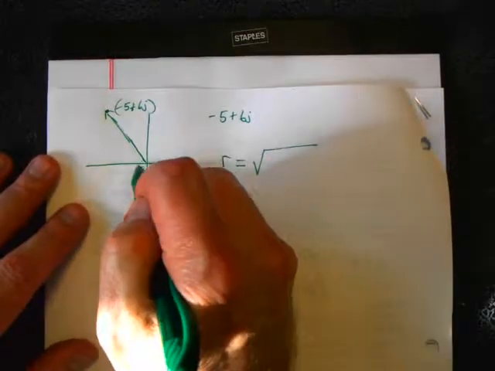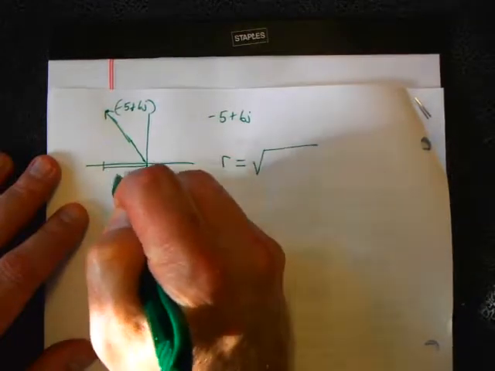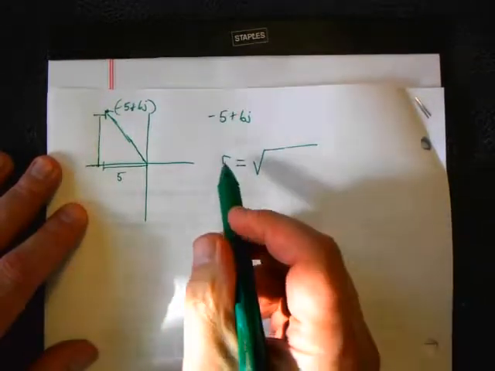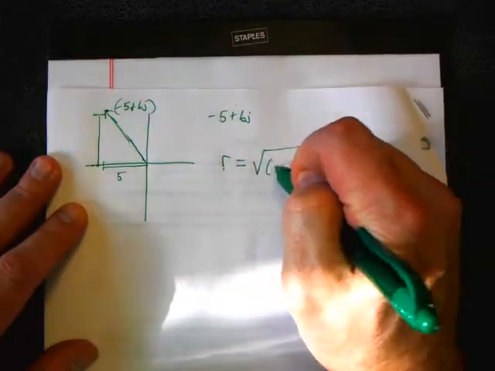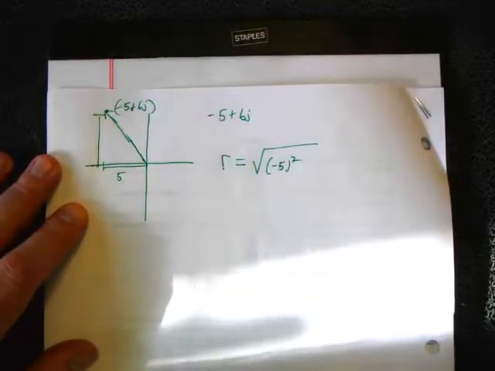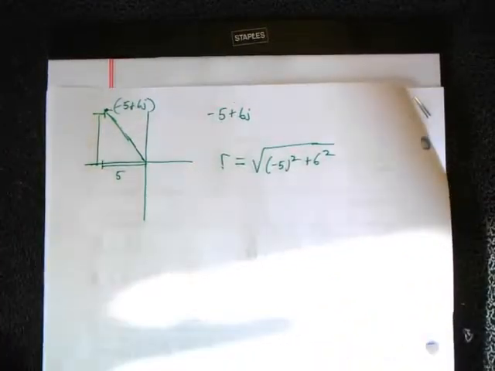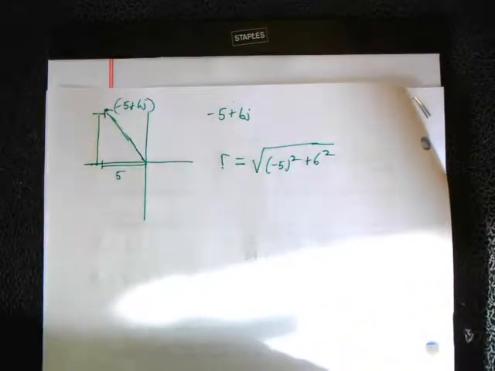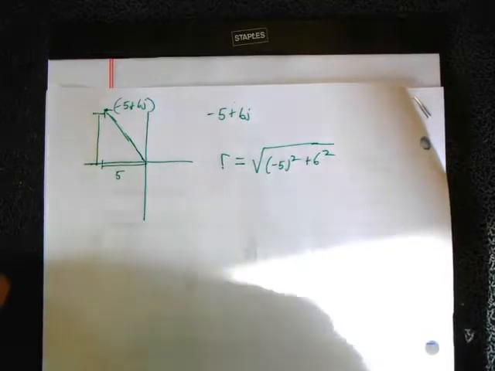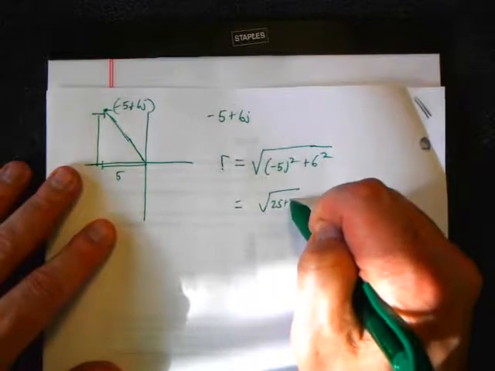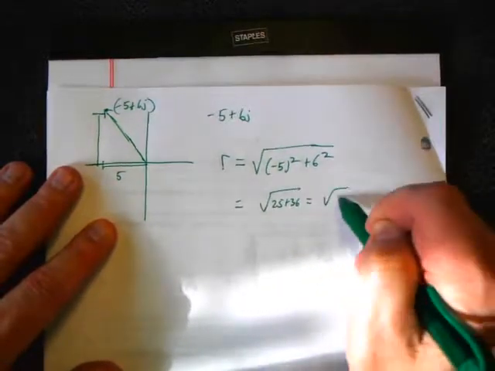This distance is 5 and this distance is 6. So for r you take the real number and square it, and then take the complex number and square it. Not much to it. That's 25 plus 36, square root of 61.